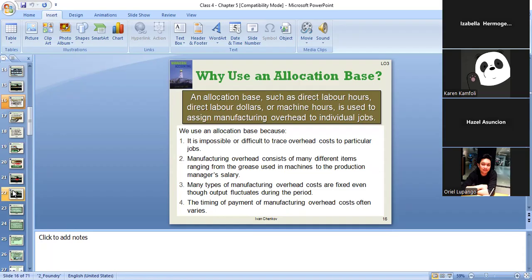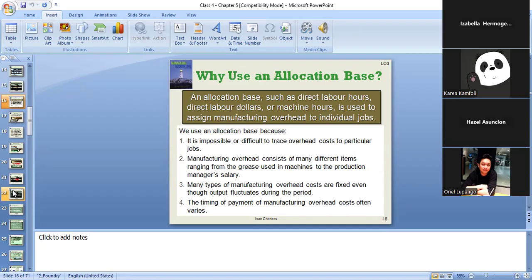First, we have to use an allocation base. In order to understand the manufacturing overhead, we have to start allocating it somehow in order to apply it. So an allocation base, such as direct labor hours, direct labor dollar amount, or machine hours, is usually used in the industry to allocate manufacturing overhead to the individual project.